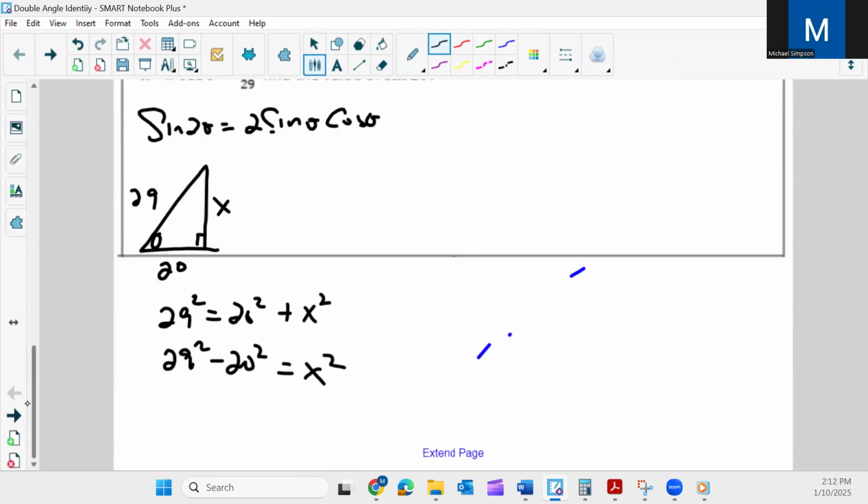Taking the square root of both sides, x is the square root of 29 squared minus 20 squared, and that gives you 21. This side is 21.